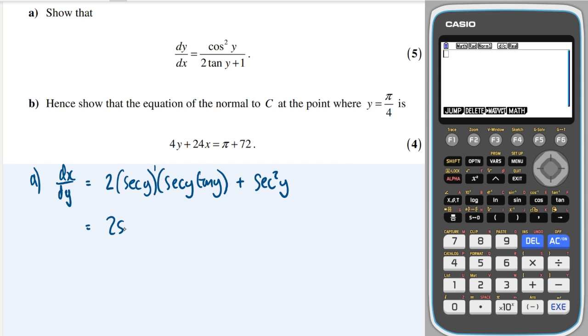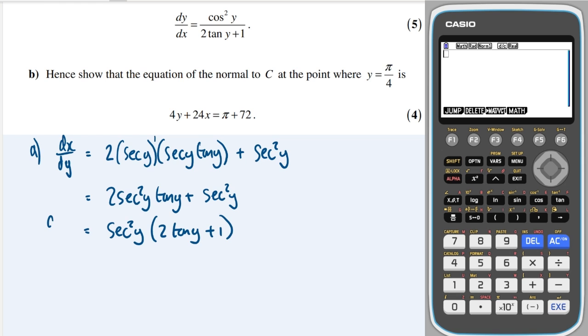So we've got 2 sec squared y tan y plus sec squared y, which gives you sec squared y (2 tan y plus 1), and that's all equal to dx by dy.